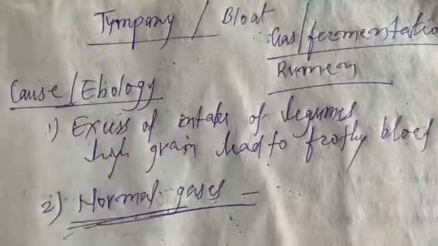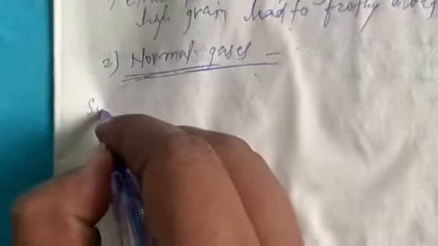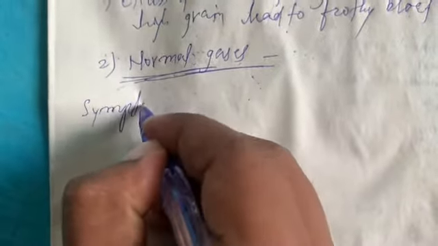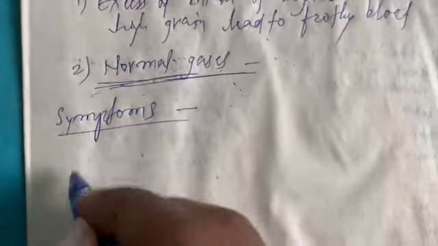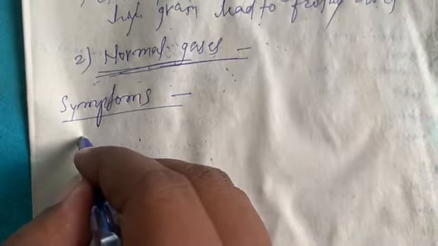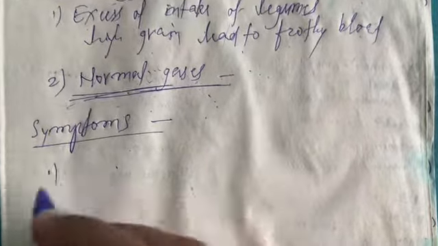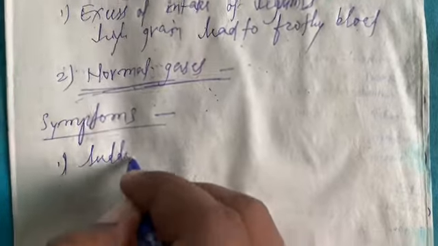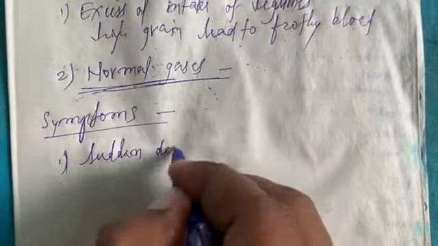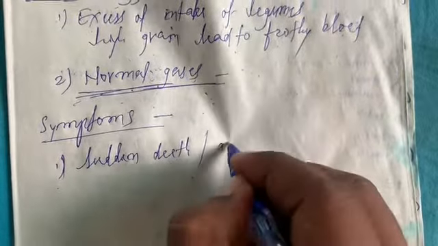We have seen the causes, and now what would be the symptoms of this disease? Number one: the acute form of tympany results in sudden death.